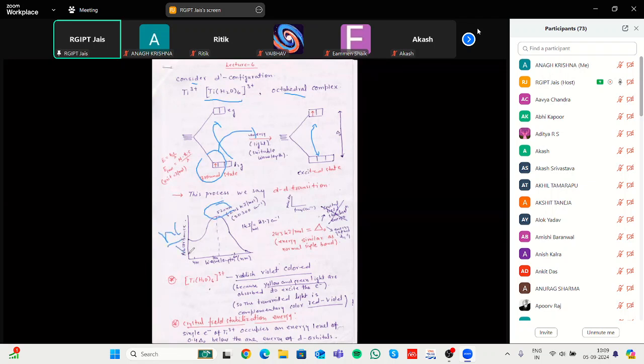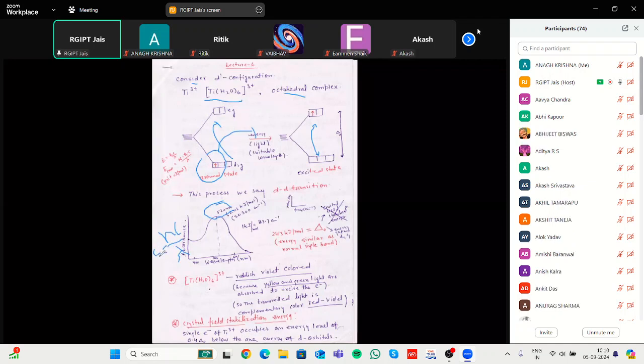The energy can be easily calculated because we know the value of lambda. That's why we can calculate the value of E, and this value of E comes to 243 kilojoule per mole for one octahedral energy. This is the signal for d1, that's why it shows some color.